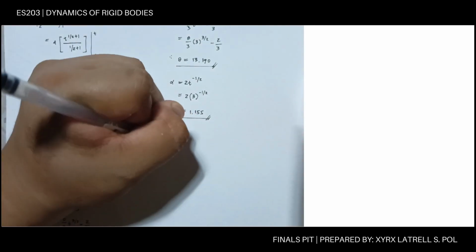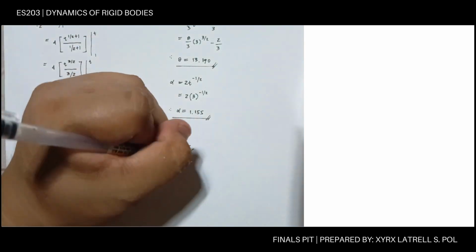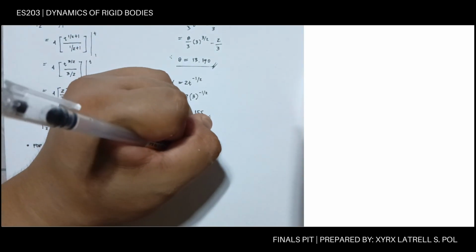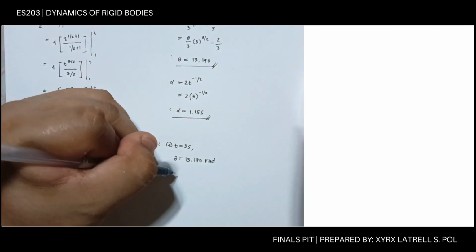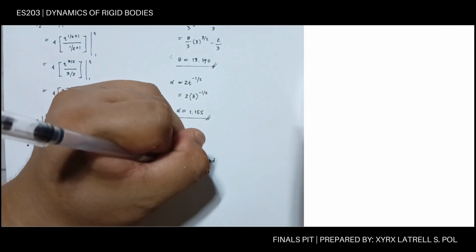So yung final answer natin dito guys is therefore, when t is equal to 3 seconds, we would have an angular displacement of 13.190 radians and an angular acceleration of 1.155 rad per second squared.